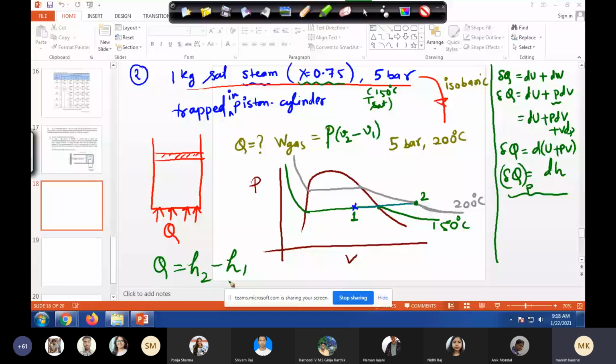Let's open a new page and go to the steam table. Why don't we write H2 and H1 here itself? We have some space. Let's go to the steam table, 5 bar, 150, just to check the answers.